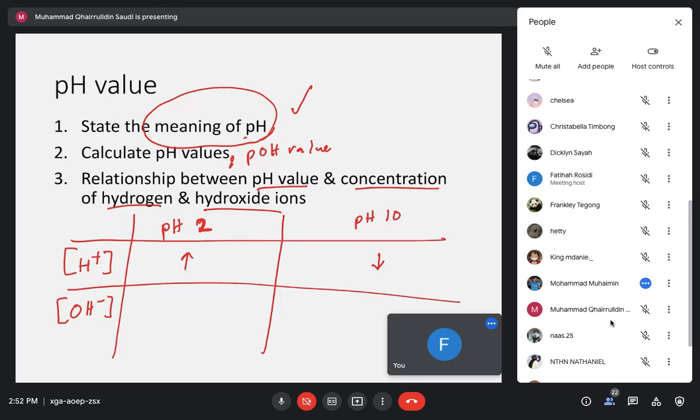Okay, pH 2 is acid or alkali, Muhaimin? Acid. So, acid banyak hydrogen ion atau banyak hydroxide ion? Hydrogen ion. So, hydroxide ion dia dalam acid is? Higher juga. So, hydroxide ion dengan hydrogen ion dekat acid dua-dua banyak.